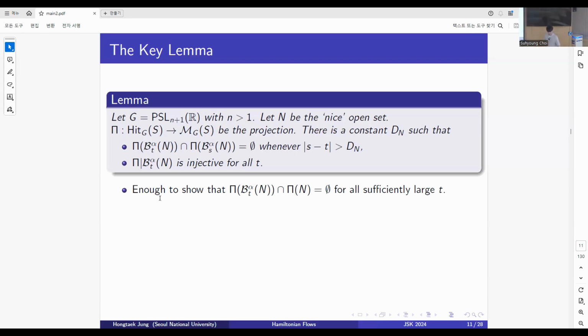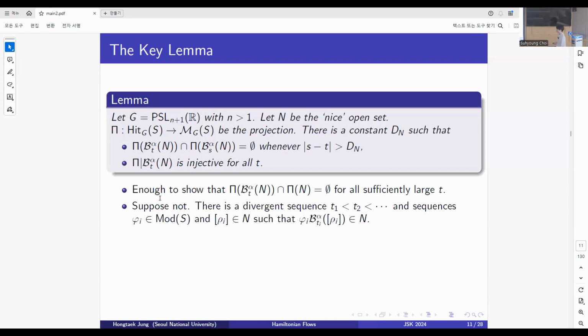The proof is basically by contradiction. We negate the conclusion. Then we get a divergent sequence of real numbers t1, t2, and so on, a sequence of mapping classes phi_i, and a sequence of elements rho_i in the set N, such that this comes back to the set N. That's exactly the negation of this conclusion.